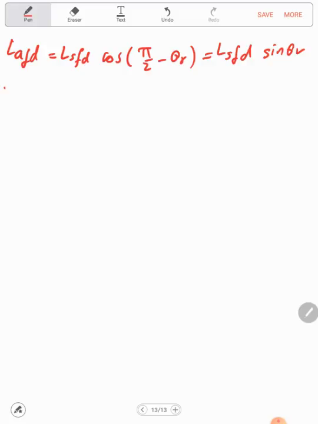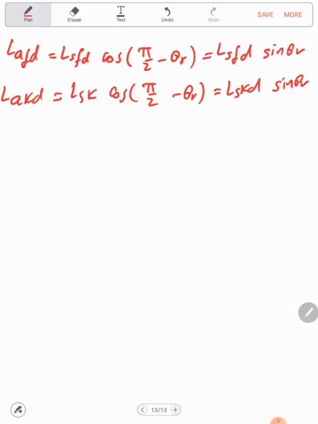Also we can calculate the LAKD, which will equal LSKD cosine of the angle in between, which is pi over 2 minus theta r, which will equal LSKD sine theta r. And so on. We can calculate all the elements in the mutual inductance between the stator and the rotor.